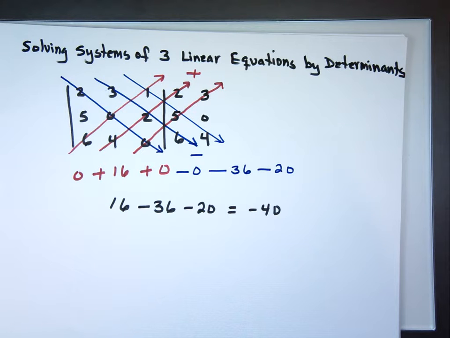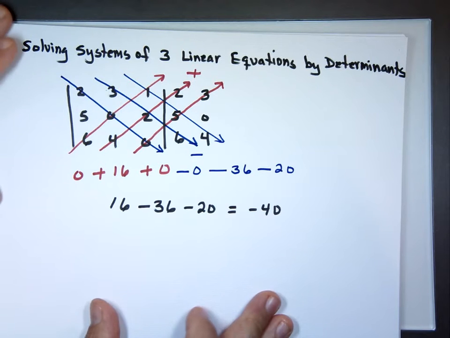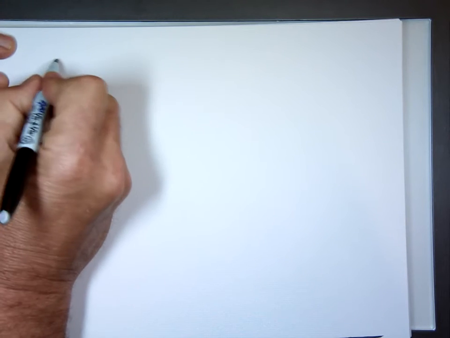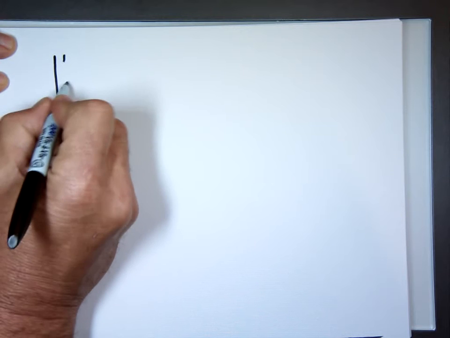I'll do another one, then we'll start solving. You're going to see it's identical to what I did before, so I'm only going to do one more example. Let's do another 3 by 3. Find the value of that determinant. 1, 2, 3.